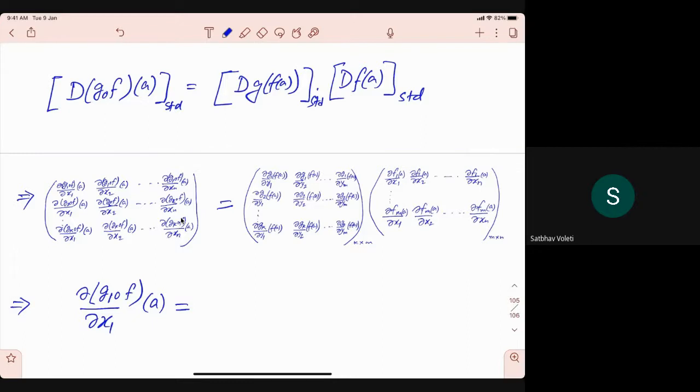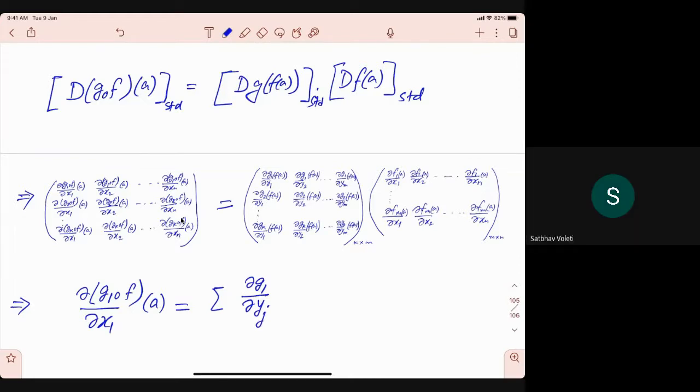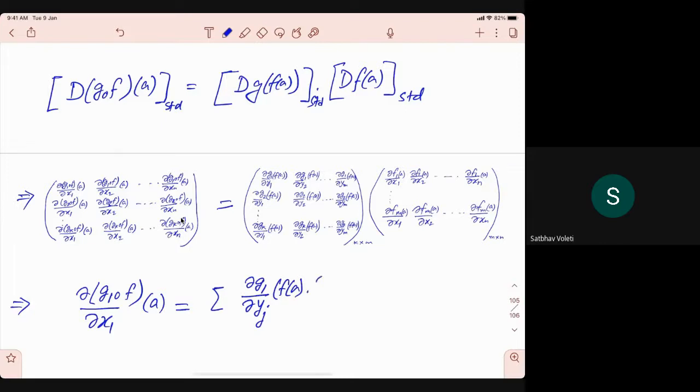So we have the summation of del G1 by del yi, evaluated at f of a, times del fi by del x1, evaluated at a.